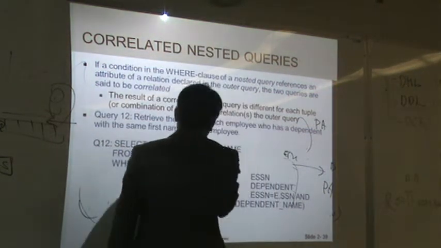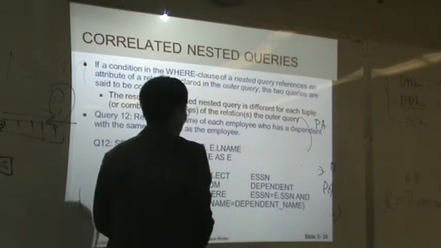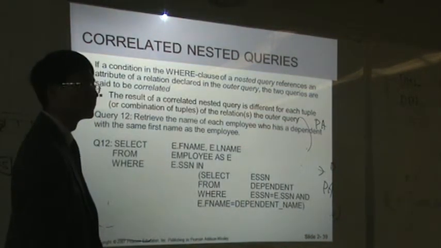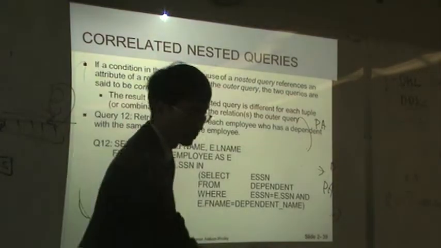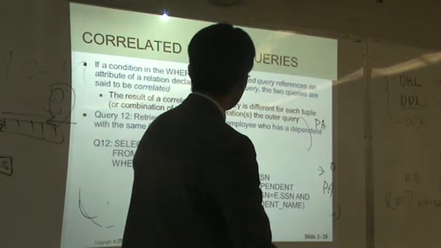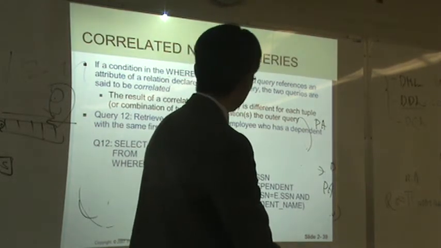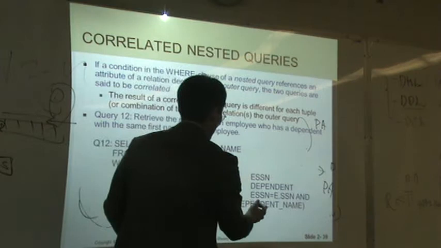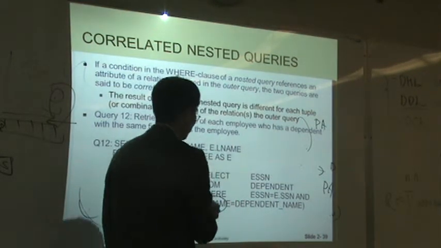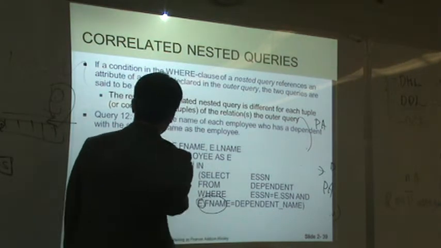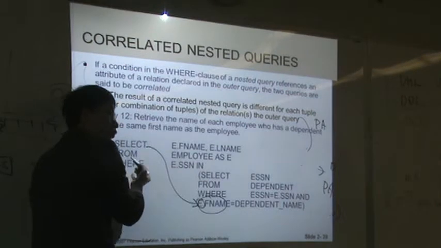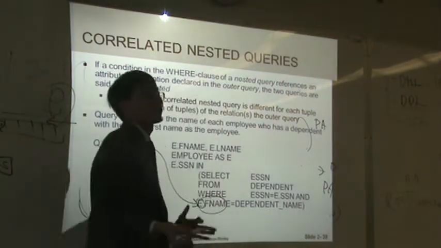It's a correlated query. So what is the main difference between this one and the previous nested query? You may not remember. The main difference is you can see E.F name, which means data in the outer query will be used inside the query.